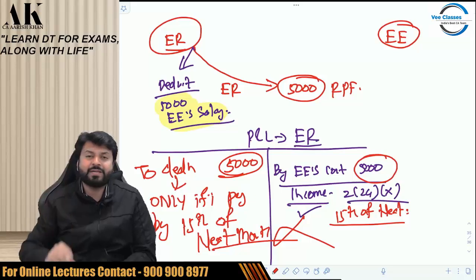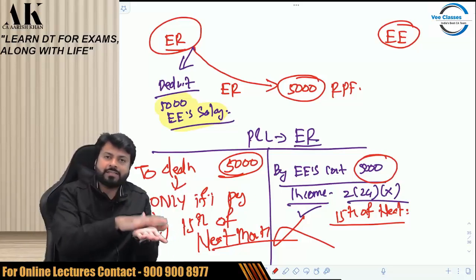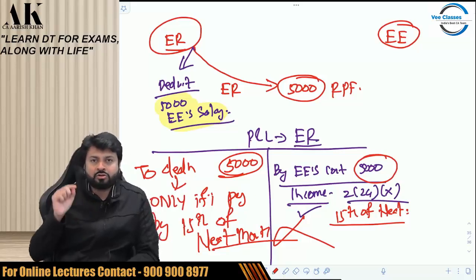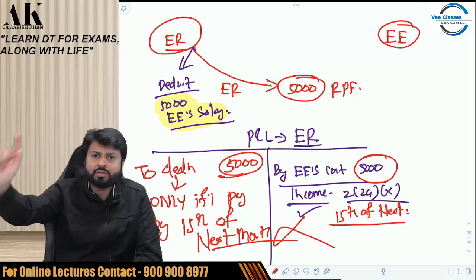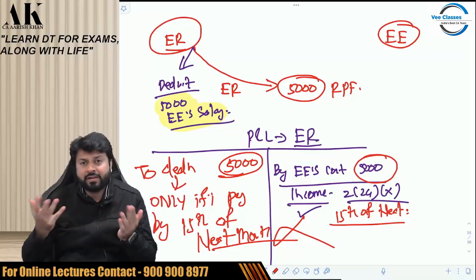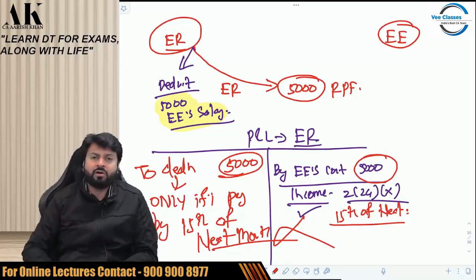Now, why has this been done? First, it is considered as income. Then it is allowed as deduction. Why? So that the employer should be very keen, should be worried about making the payment of employee's contribution on time. And what is this 15th, sir? 15th is the due date mentioned under the recognized provident fund law.